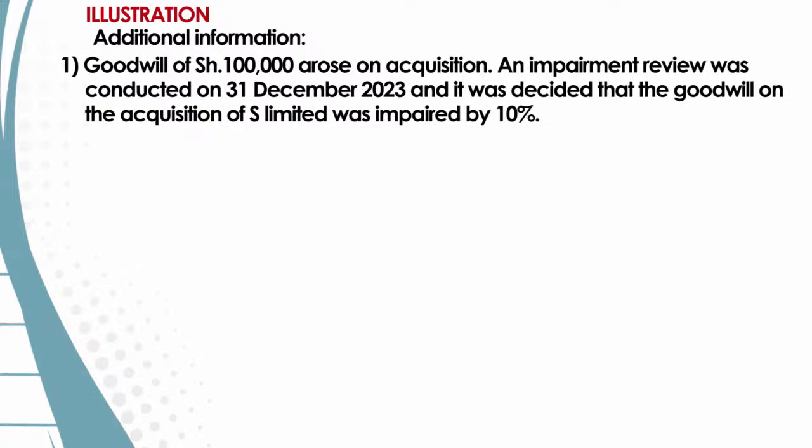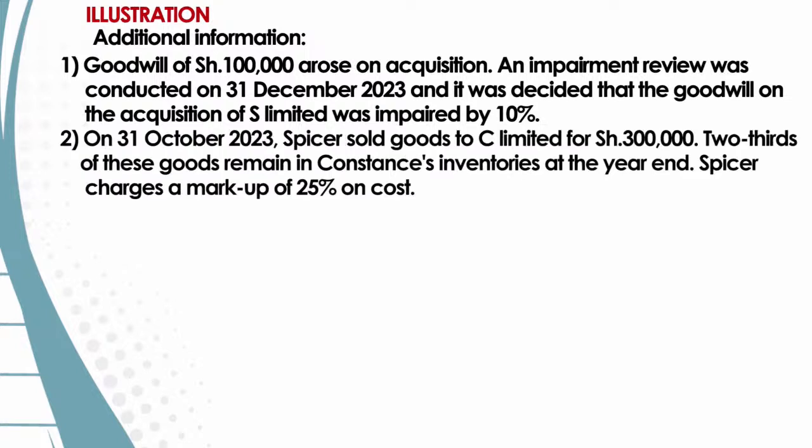Number two, we are told that on 31st of October 2023, S Limited sold goods to C for shillings 300,000. 2/3 of these goods remained in inventory at the year end. S Limited charges a markup of 25% on cost.